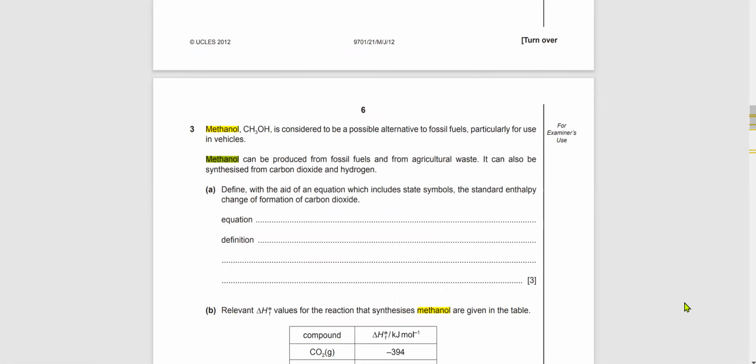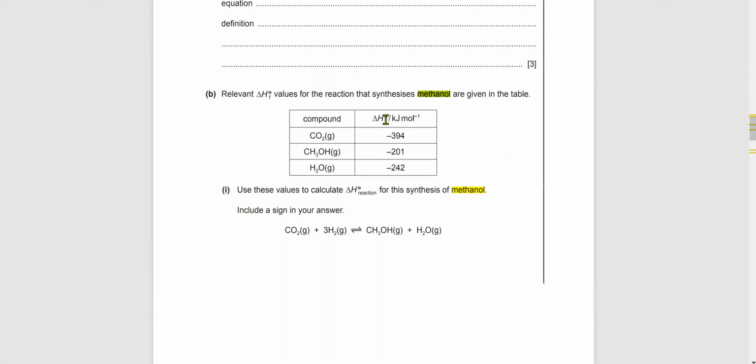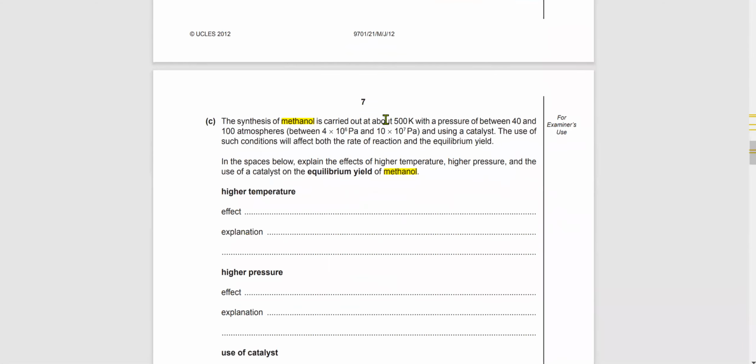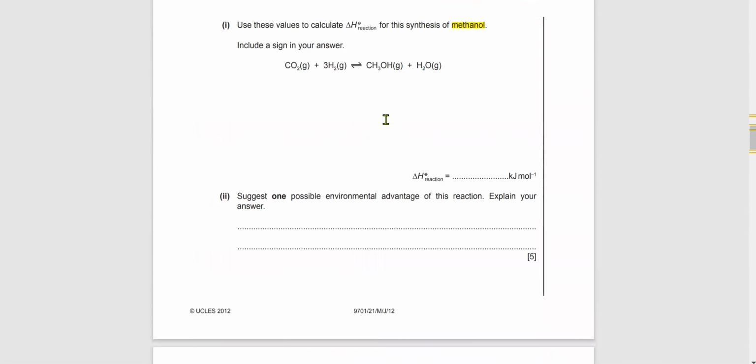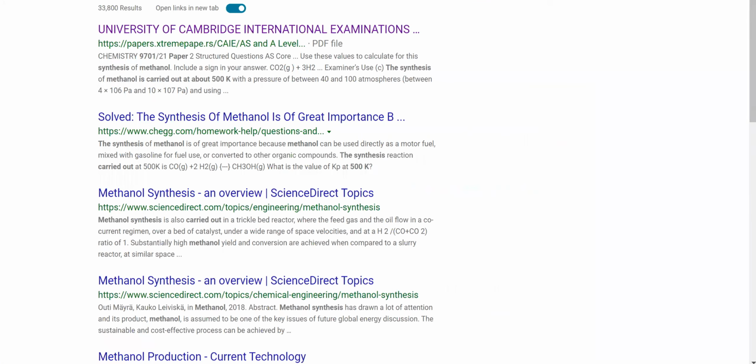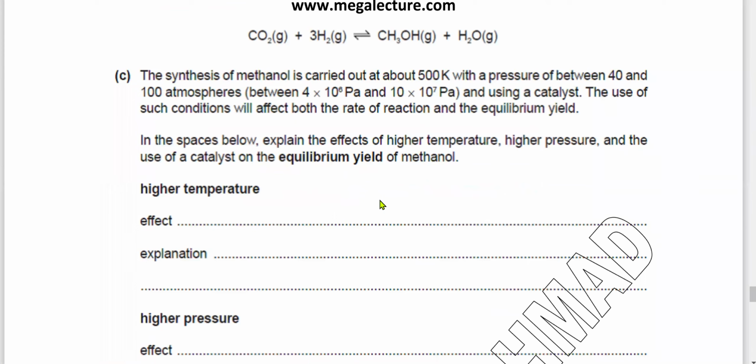You're supposed to calculate the enthalpy of reaction, but forget the calculation. Let's assume it's exothermic.